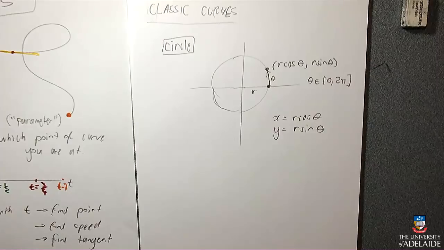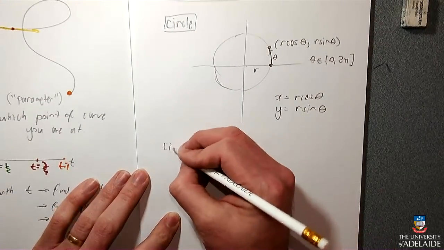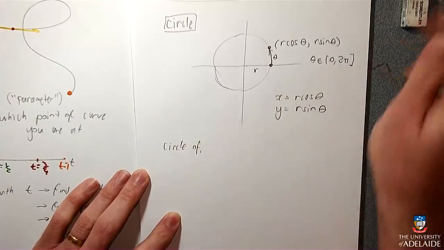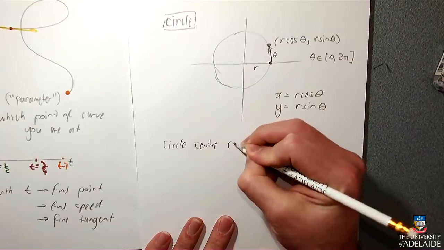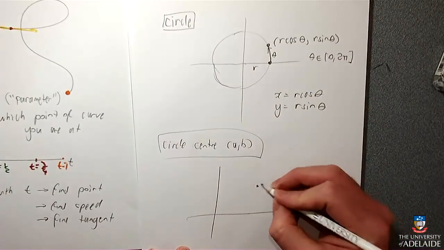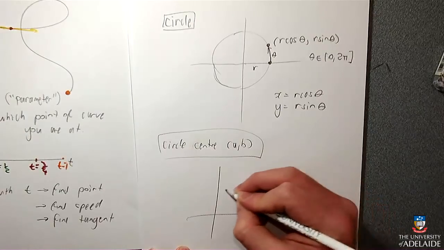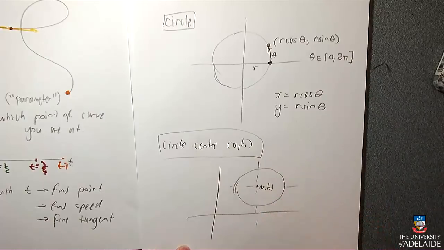You can adjust this just a little if you want, and you can move your circle to a different center, and you can do all these fun things. So I'm just going to do one of them. Center like AB. So here's AB, and here's my circle, like that.